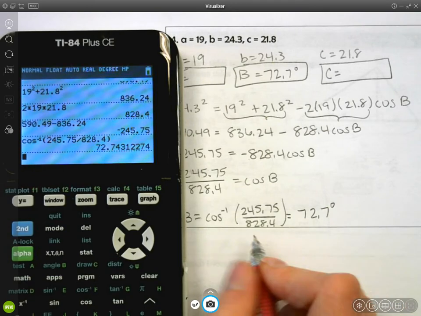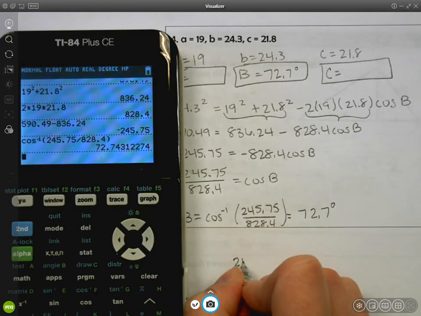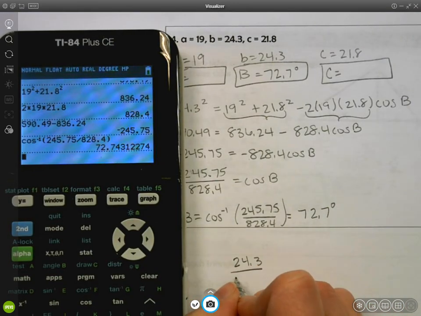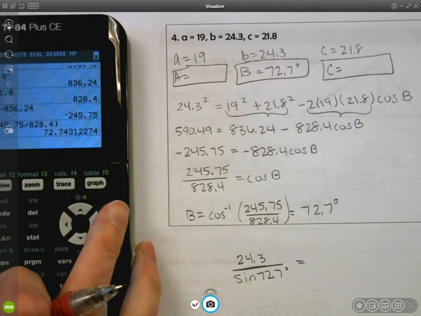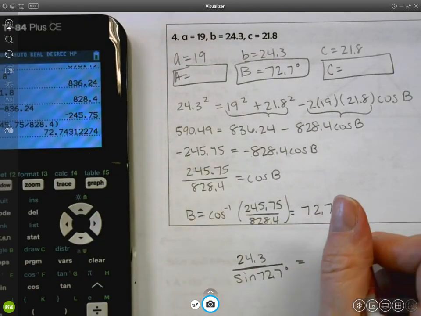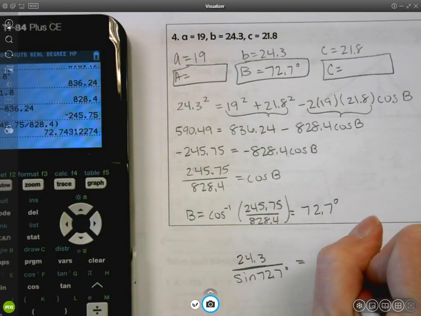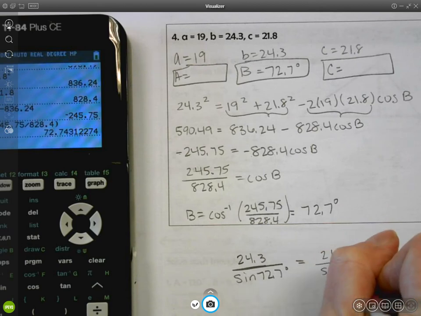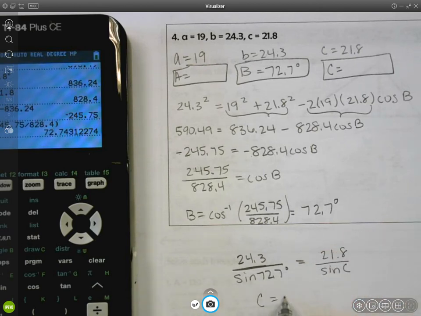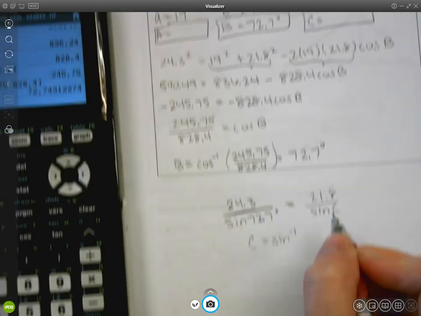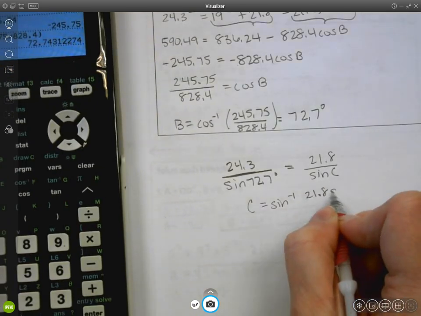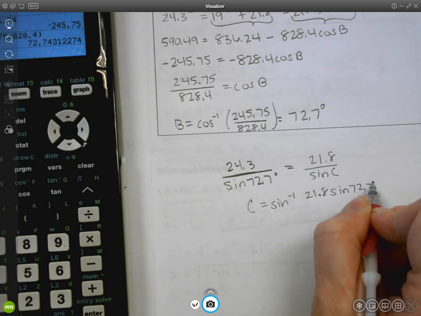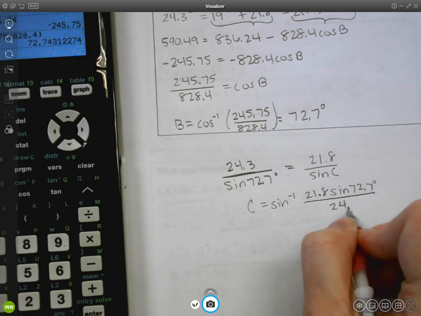Alright, so from there we can set up the law of sine. So we can do 24.3 over sine of 72.7 is equal to, and it doesn't matter which one we find, I'll find C next, 21.8 over sine C. So we know C is equal to inverse sine of 21.8 sine of 72.7 over 24.3.